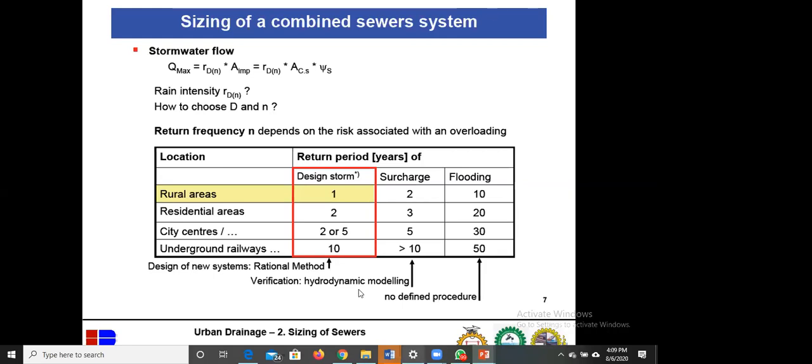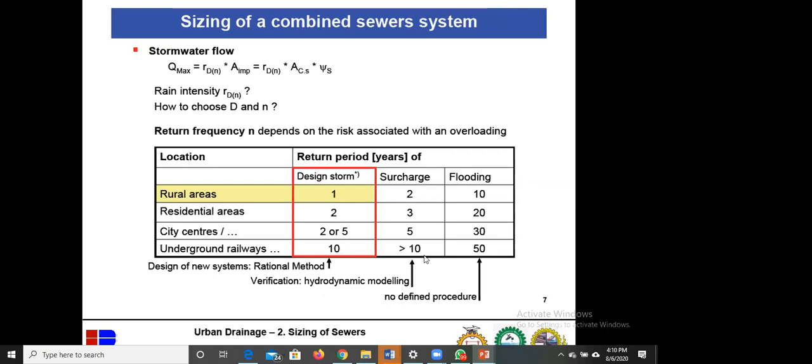Now, the standard says for a residential area, you use a 2 year design period, return period. For city centers, you use 2 or 5 years. If you are designing underground facilities, you use a 10 year return period rain.